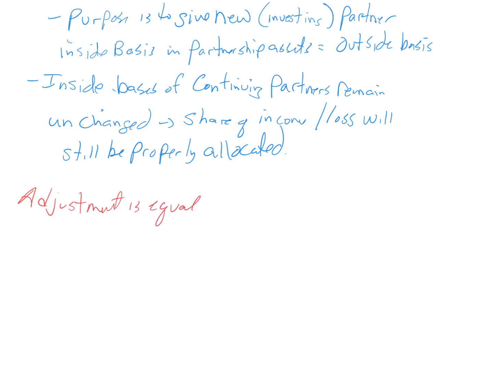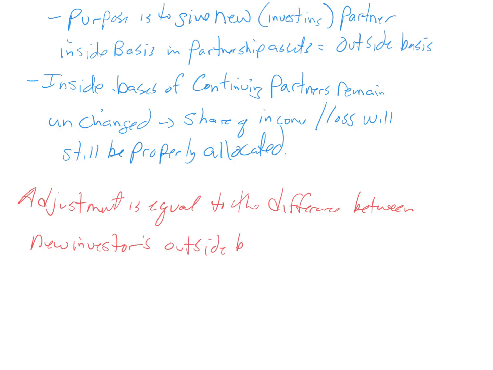So the adjustment is equal to the difference between the new investor's outside basis and share of inside basis.